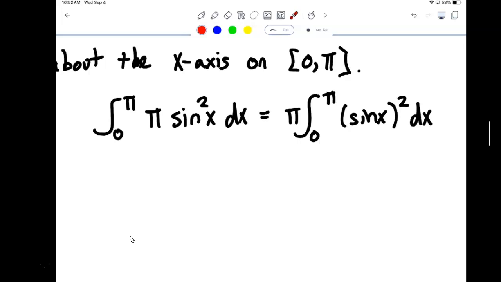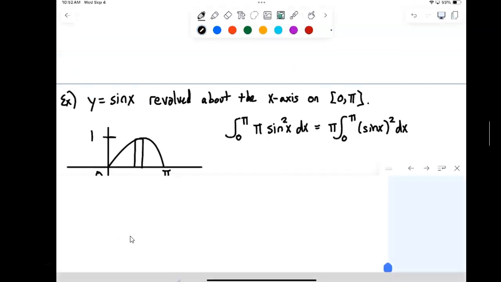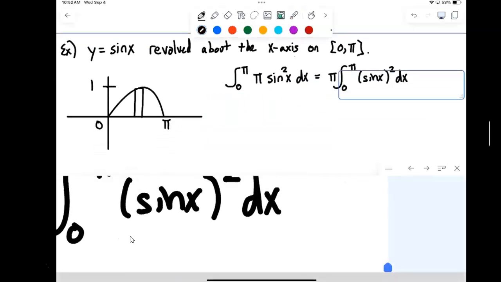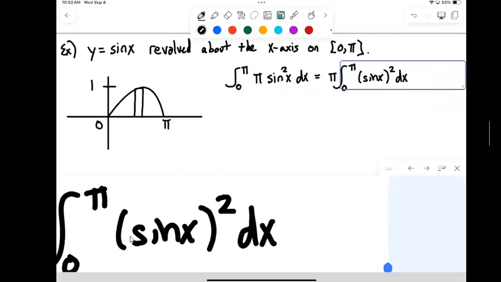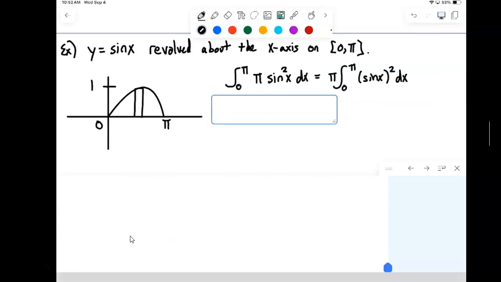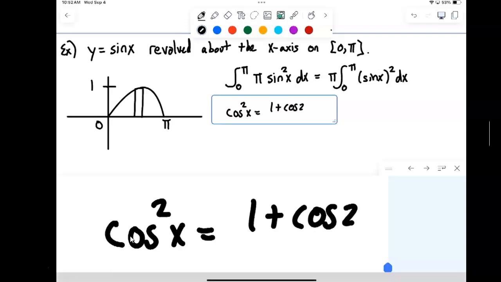So what we have to do here is bring in some old trig formulas that you probably weren't asked to memorize, because in trig there wasn't a whole lot of point to them. But when we're dealing with either sine squared or cosine squared, and we're going to see more of this later when we deal with some integrals with our trig functions, we need these two identities. For cosine squared, we can rewrite cosine squared as 1 plus cosine of 2x over 2.